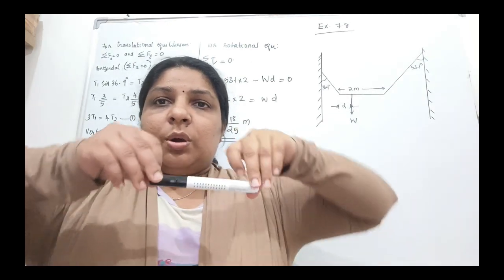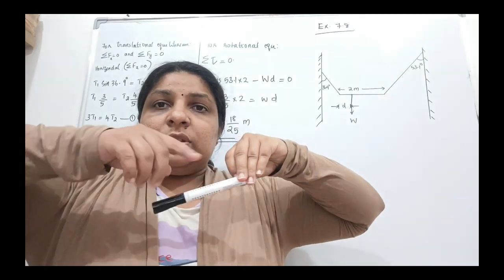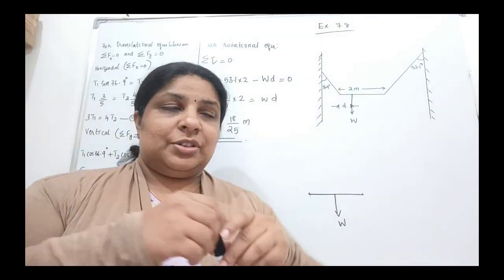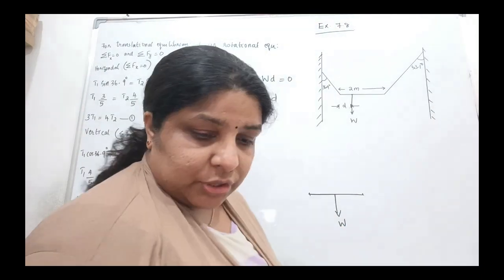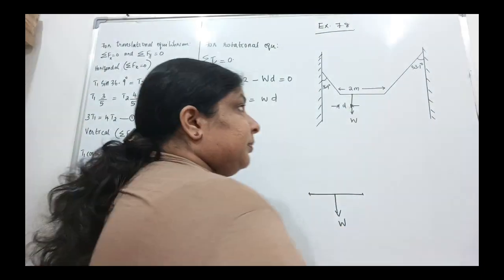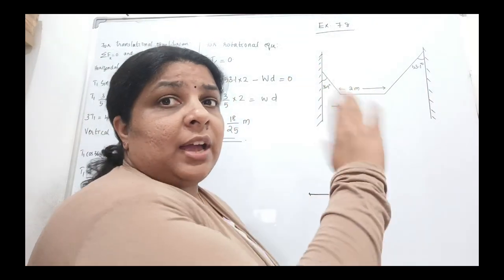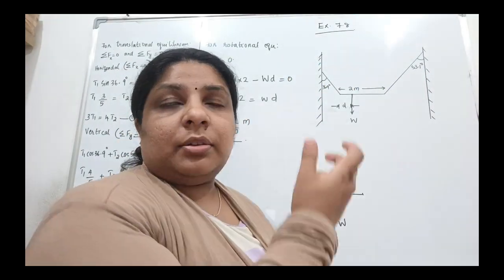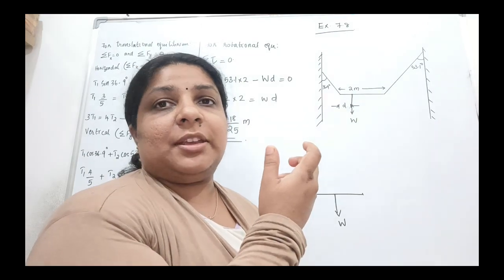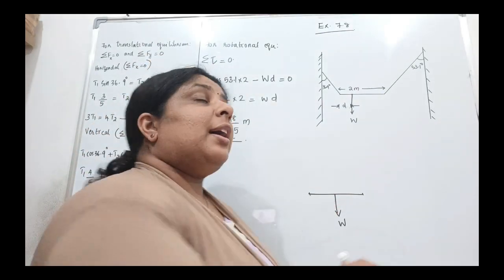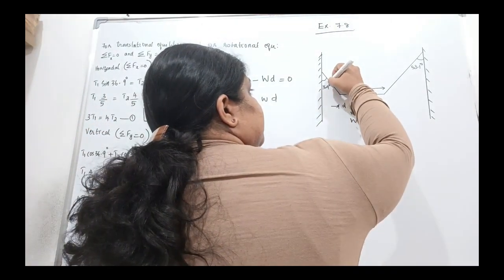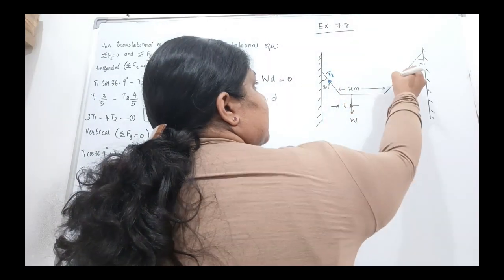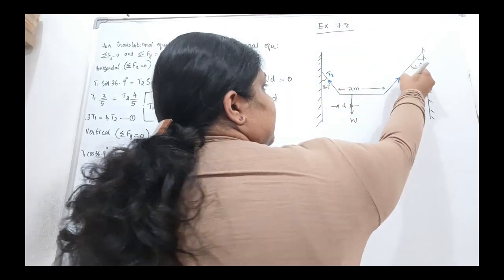The two strings are holding the bar like this, so the tension will be in the upward direction. So I can mark the tensions. This exact diagram is given. I'm going to make the assumptions which we are making. Here the tension is in the upward direction. This tension I will mark as T1, and this tension I will mark as T2.